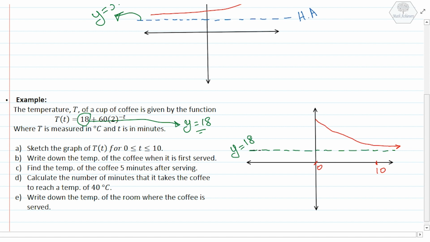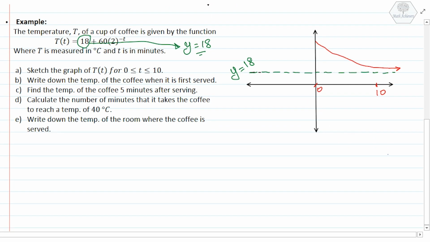For part B, we need to write down the temperature of the coffee when it is first served. When it is first served, this means that the value of t is 0. So I need to find the temperature when small t is 0. This is equal to 18 plus 60 times 2 to the power of negative 0. We can find this value directly from the graph.